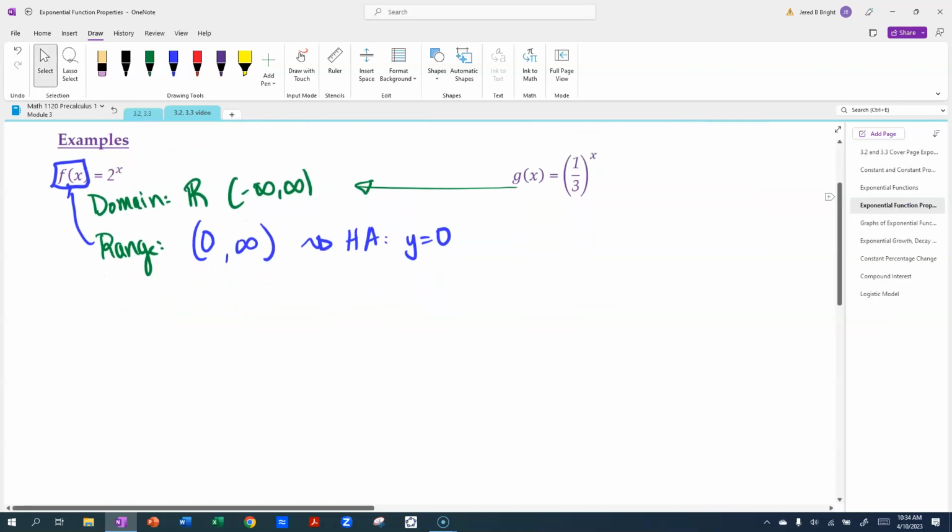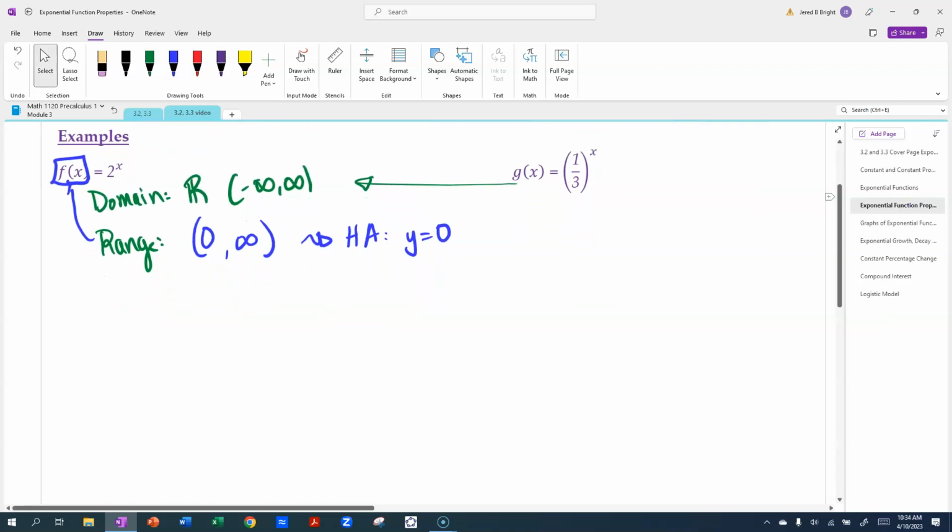Okay, let's see. Was there anything else? So we want to talk about increasing and decreasing. So what happened to 2 to the x? I think that one was increasing, because it would go 1, 2, 4, 8, 16. But then as I looked at 1/3 to the x, that was 1, 1/3, 1/9, 1/27.